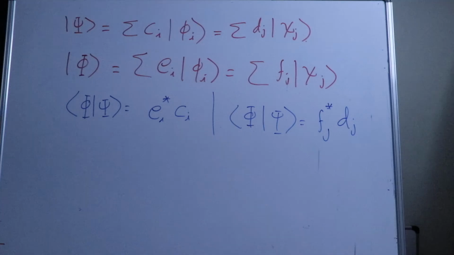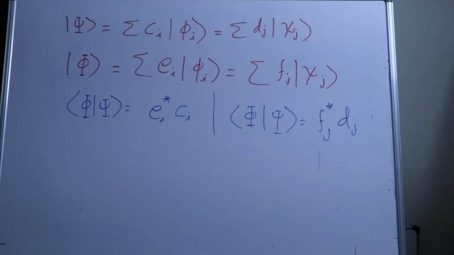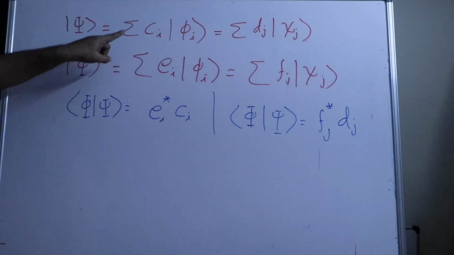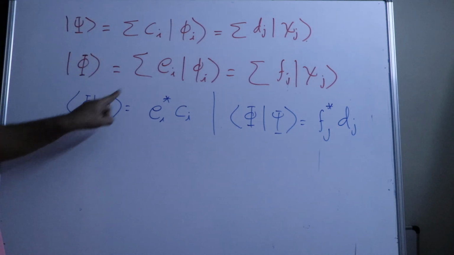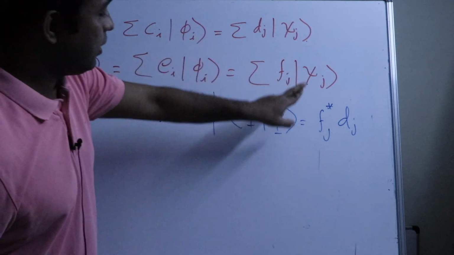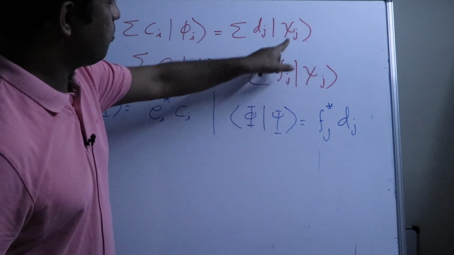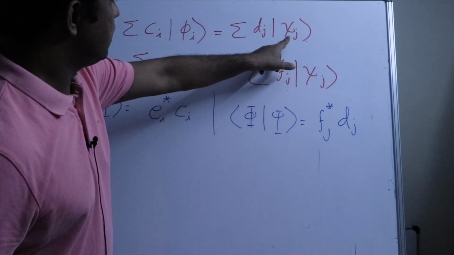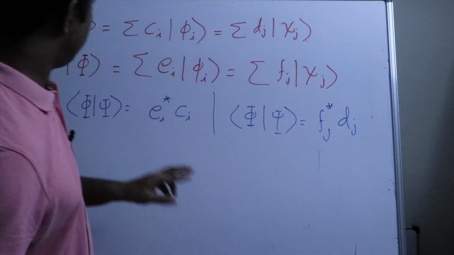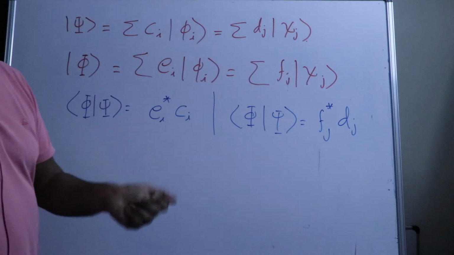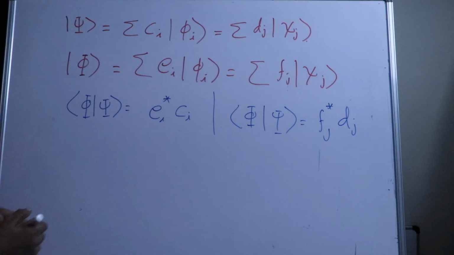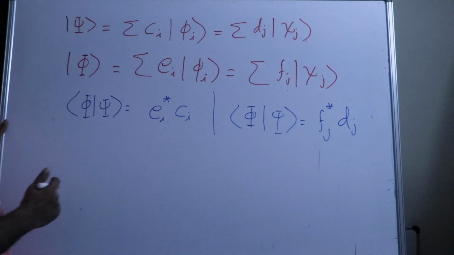Yes, sir. So what we have to do is find out whether the inner product in the ket phi i basis and the inner product in the ket chi j basis for these two vectors, ket psi and phi, are the same.